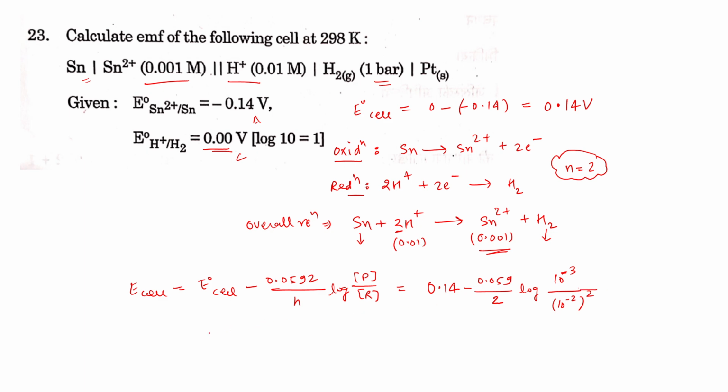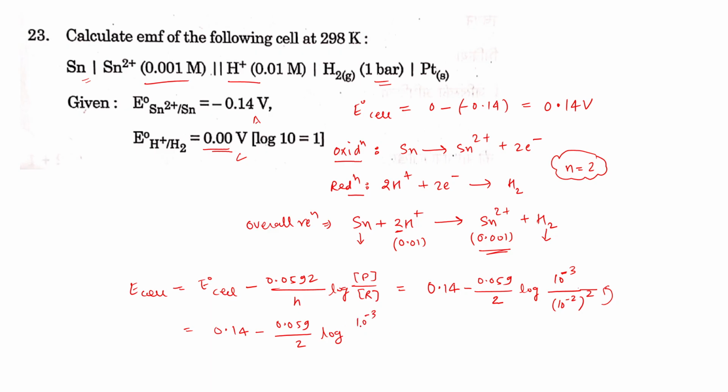So basically what I can write is 0.14 minus 0.059 by 2 log. On the above side we have 10 to the power minus 3. On the below it will be 10 to the power minus 2 squared, so it will be 10 to the power minus 4. Above we have 10 to the power minus 3, below we have 10 to the power minus 4. So when it goes upward, it will be log 10 directly.